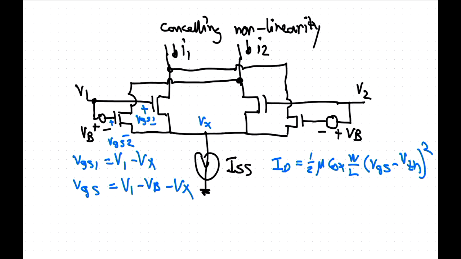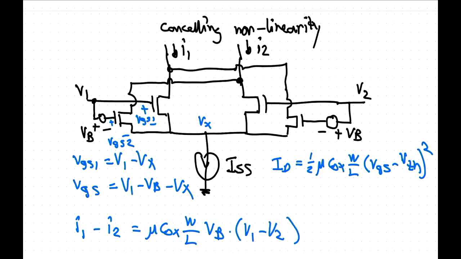We can now find that I1 minus I2 is going to be equal to mu Cox W on L times VB times V1 minus V2, like that. So this is the simplification, I guess. This is obviously not completely true, but if this is true, then that is true there, and they're all in saturation. So it completely cancels the nonlinearity.